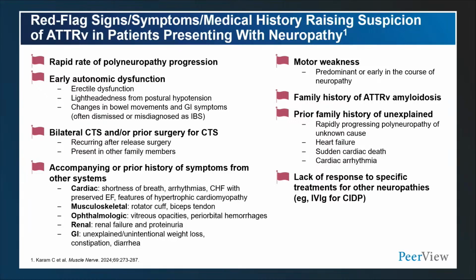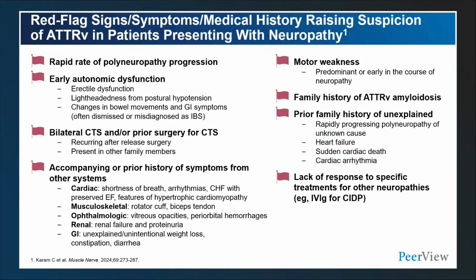I've also seen extensor tendon ruptures in the arms. Ophthalmologic manifestations may include vitreous opacity, so patients may report a lot of floaters, periorbital hemorrhages. Renal-wise, you can have renal failure or proteinuria.